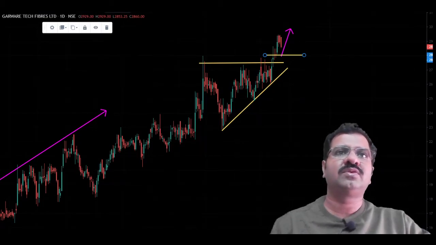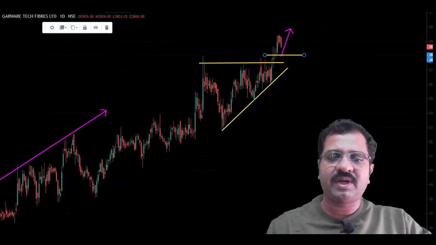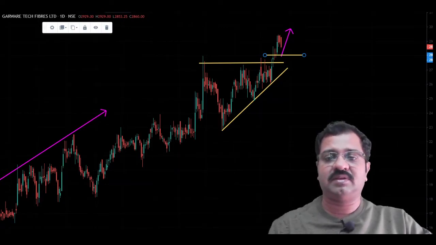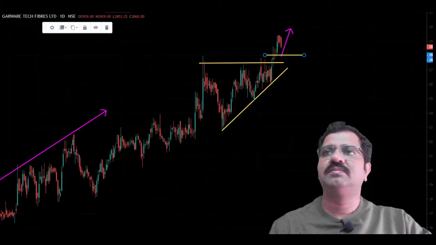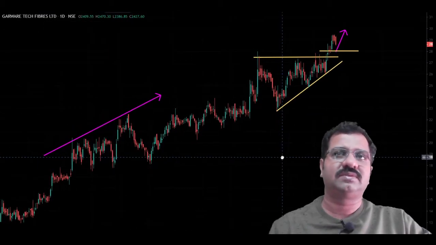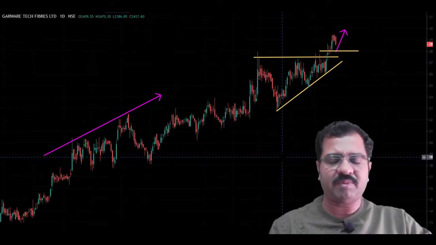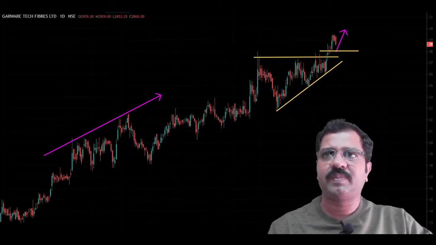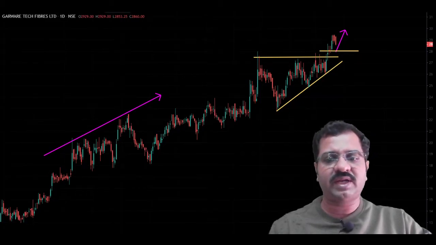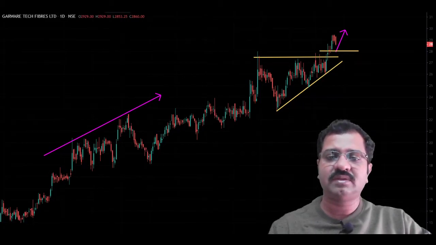Now when there is an uptrend, you can see many triangles, ascending triangles, or any type of triangles, but you will see many ascending triangles if it is in an uptrend. And you have to trade this pattern when price is in trend.